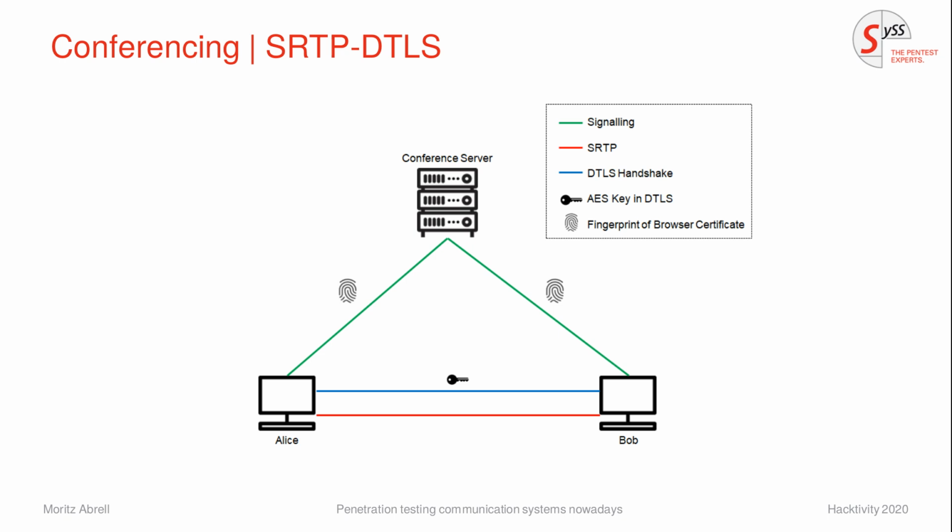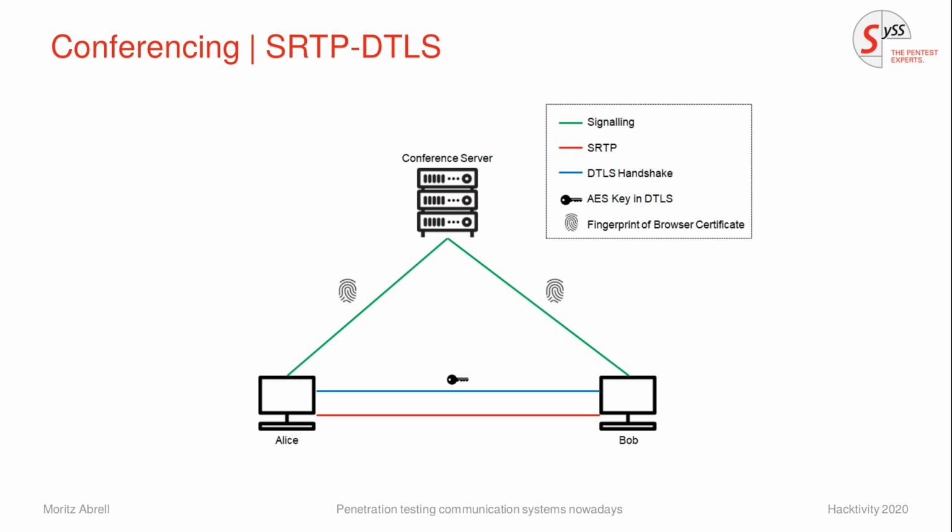By using DTLS, the endpoints exchange the SRTP key for encryption in the DTLS channel, which is like TLS for UDP. And to verify the identity of the opposite side, they send the fingerprint of their certificate in the signaling stream.